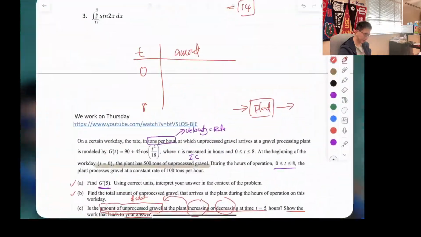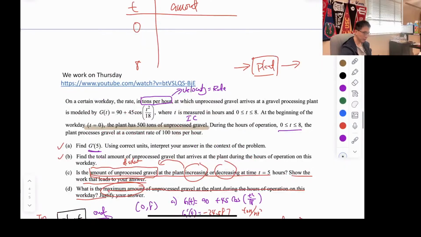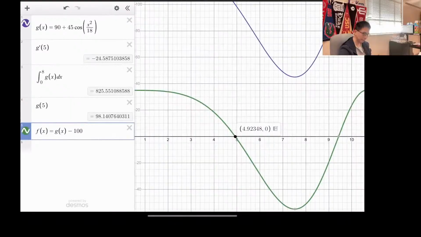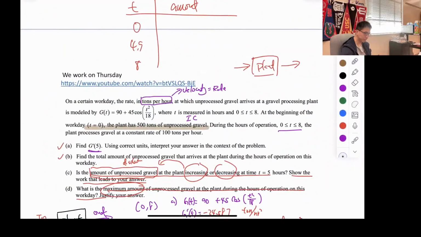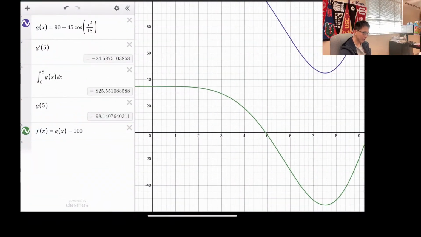So 4.93, integration of 4.923. Why are we doing that? Because think about it, this is the plant.